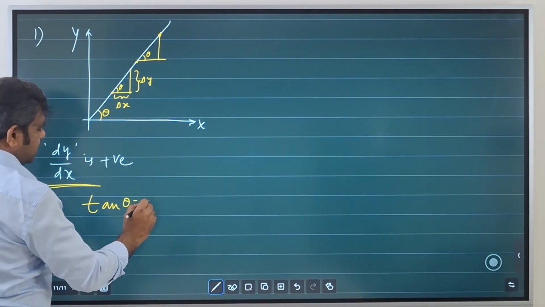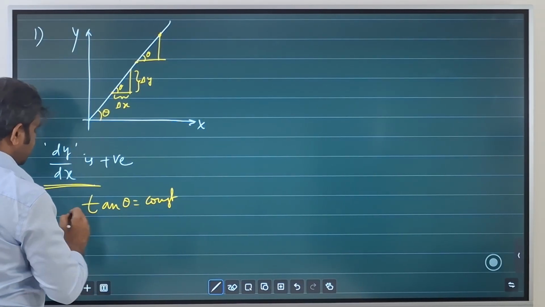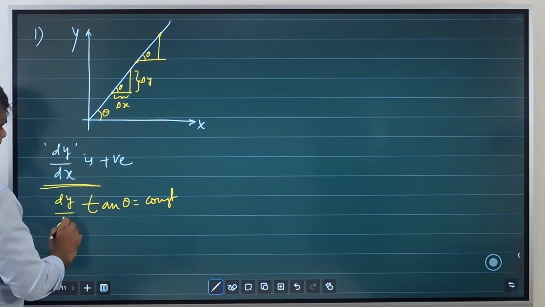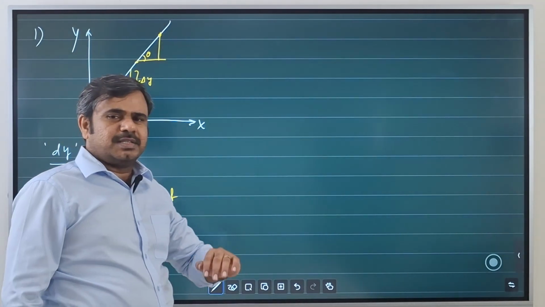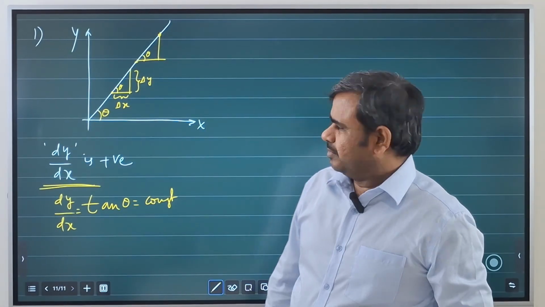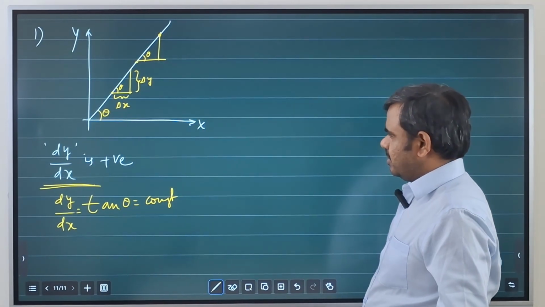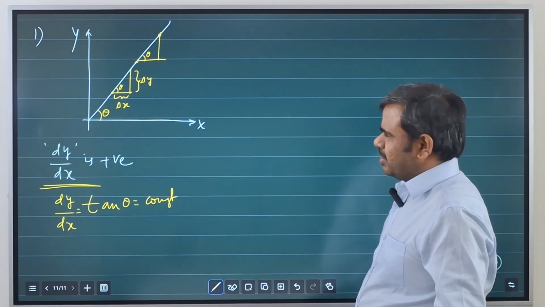Tan theta is a constant. dy by dx is a constant. What it means is y increases at a constant rate as x increases. So that's the conclusion that we can draw.